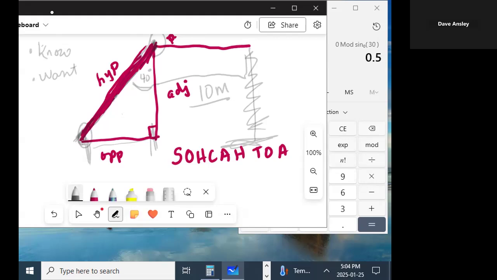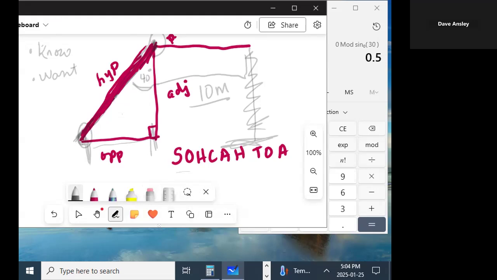To know what part of this to use, you say, what do you know and what do you want? In terms of what we know, the adjacent, that's an A. Remember that. Don't forget it. And what do you want? We want the hypotenuse, an H. You know an A and you want an H. Now you look at this word and you say, where does there occur together an A and an H?